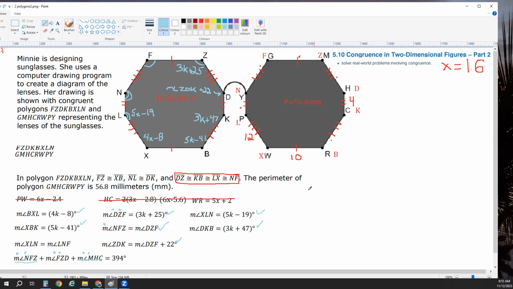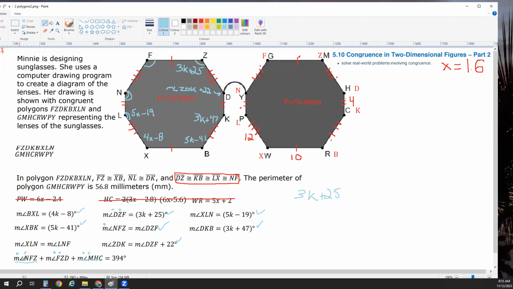Because the measure of NZF is congruent to the measure of DZF, and DZF is 3K plus 25, this can get substituted for 3K plus 25. That's the first term.